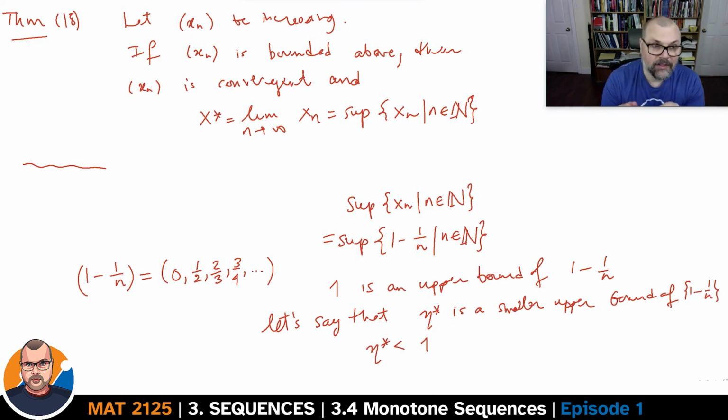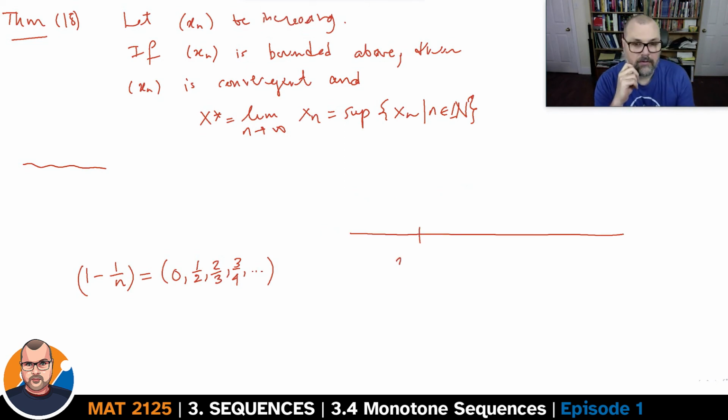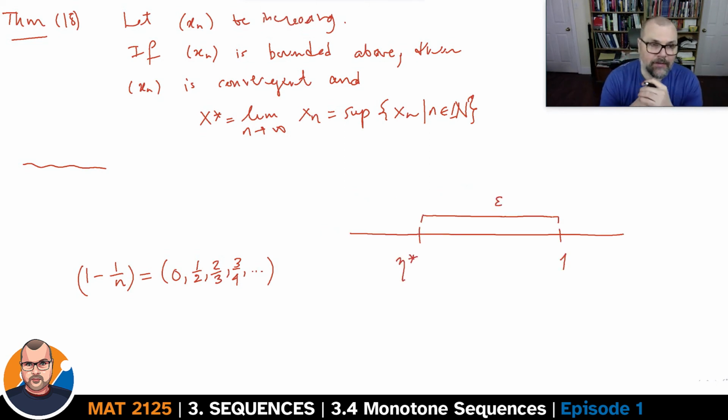Now, if eta star is strictly smaller than 1, on the one hand eta star is supposed to be greater than 1 minus 1 over n for every n, but it's also supposed to be strictly smaller than 1. Do you see why that might be a problem? I claim that this cannot possibly be the case.